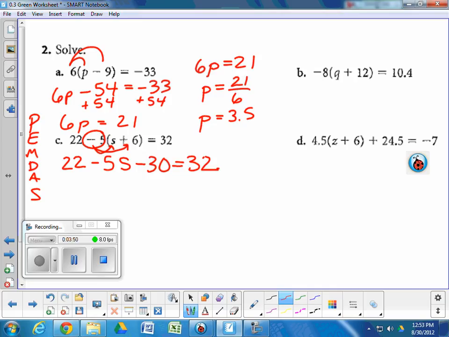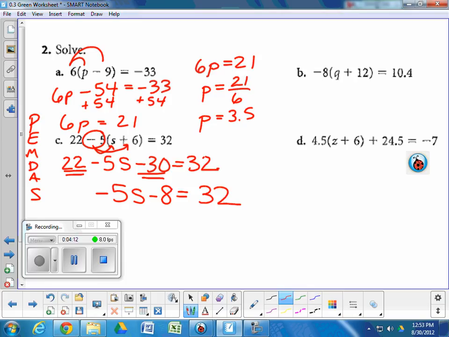Next, the like terms on the left, we want to take care of those. 22 minus 30 is negative 8. Okay. Now again, we're going to do SADMET. So instead of PEMDAS, we're doing SADMET. You're going opposite. You can't multiply here.